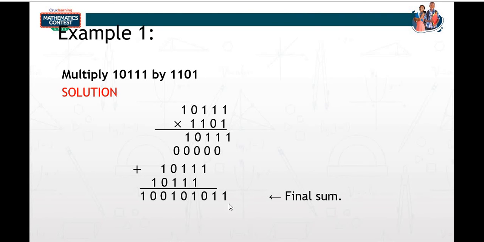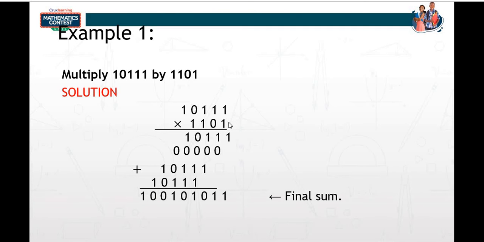So you bring down this 1. This is 1. This will add to this 1, 0. You put 0, carry 1 over. And then you have 1, 0 plus 1, 1, 1. Write 1, carry 1. This will give us 1, 0, 0. Put 0, carry 1, 0. 1, 1. Write 1, carry 1. 1, 0, 0. Carry 1, 1, 0. You have 1. So you do it gently.